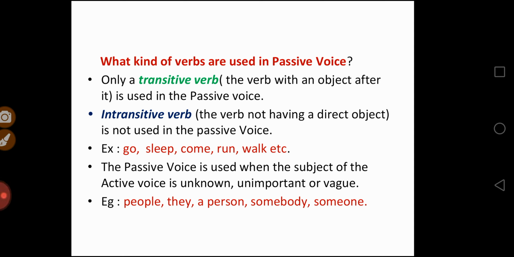For example, go, sleep, come, run, walk, etc. Thirdly, the passive voice is used when the subject of the active voice is unknown, unimportant or vague. Example: people, they, a person, somebody, someone.